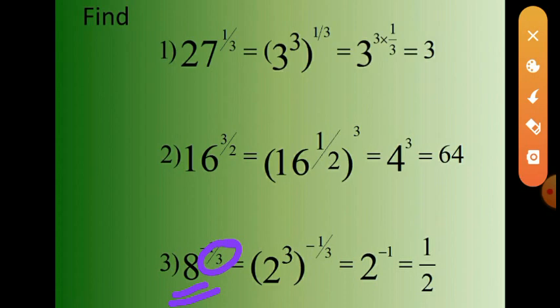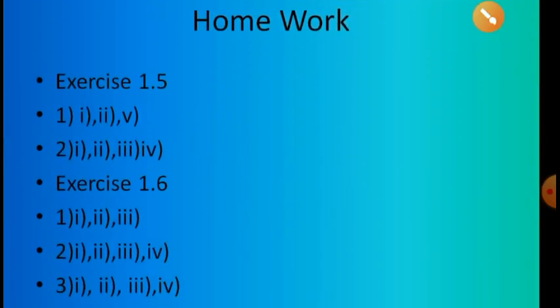It is 2 raised to 3. So I wrote instead of 8 as 2 raised to 3. So 2 raised to 3 raised to minus 1 by 3. So 3 and 3 will get cancelled. Then I'll have 2 raised to minus 1. But a raised to minus 1 is always 1 by a. So the answer is 1 by 2.